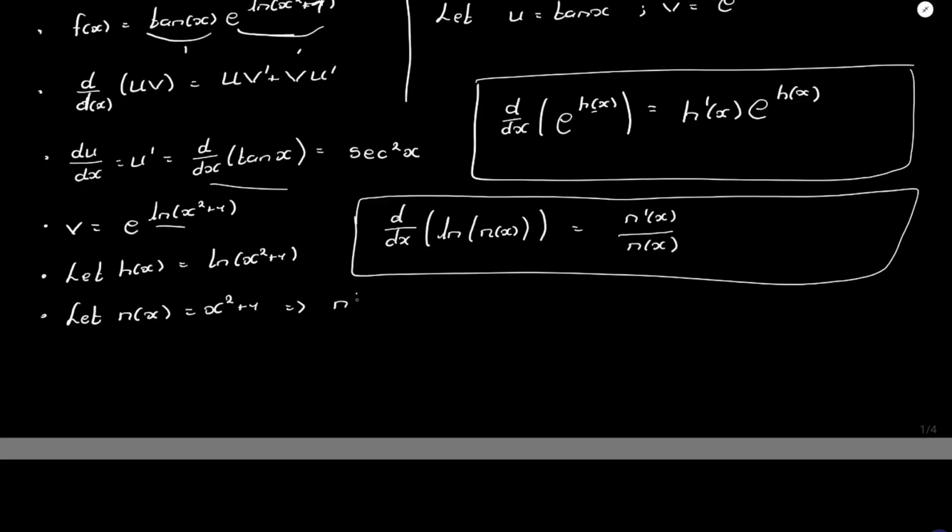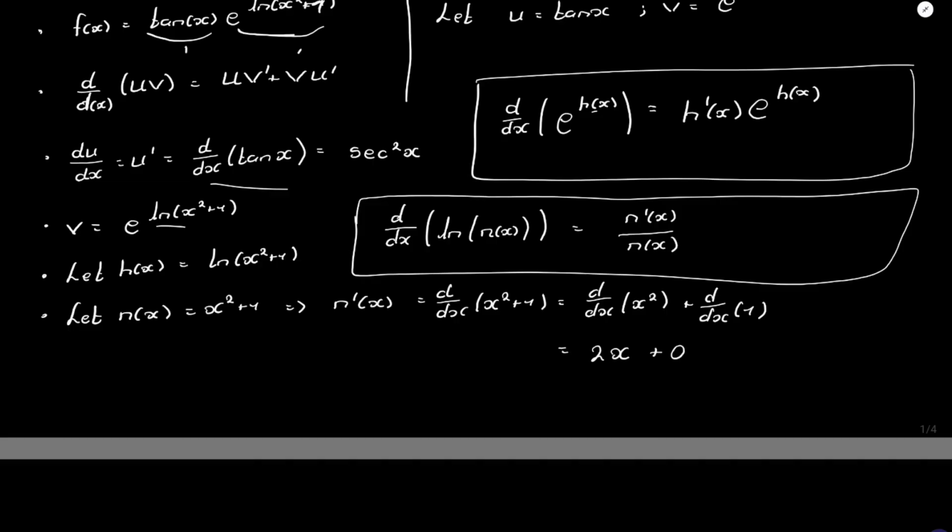This implies that n prime of x, which is the derivative with respect to x of the function x squared plus 1, is equal to the derivative with respect to x of x squared plus the derivative with respect to x of 1, which gives us 2x plus 0, recalling the power rule and the constant rule.